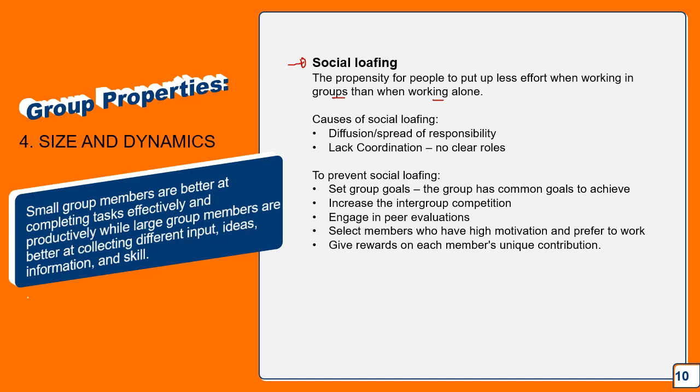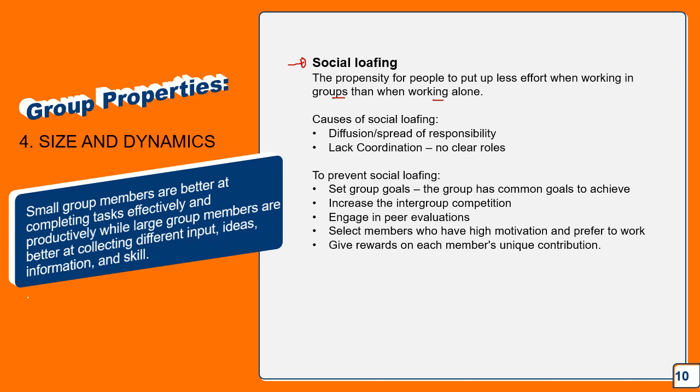Another cause of social loafing, meaning that the group members do not put in high effort in the group rather than when they work individually, is because of coordination. So we can say that because of lack of coordination, social loafing happens. What lack of coordination means is that the group members do not have clear rules on what they have to do.